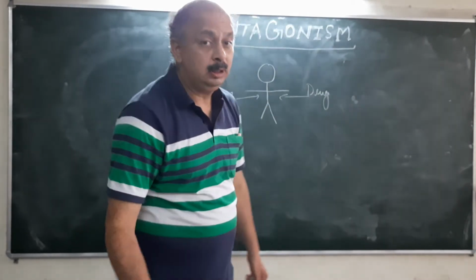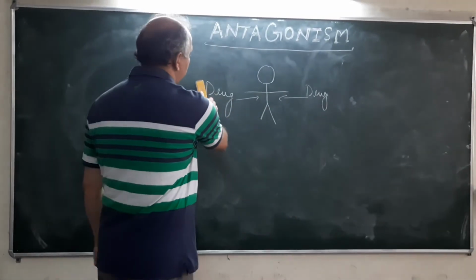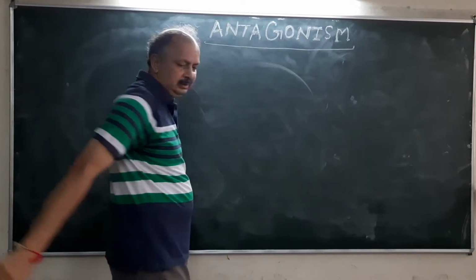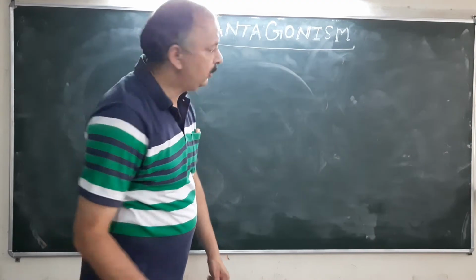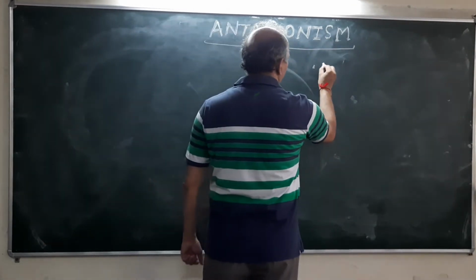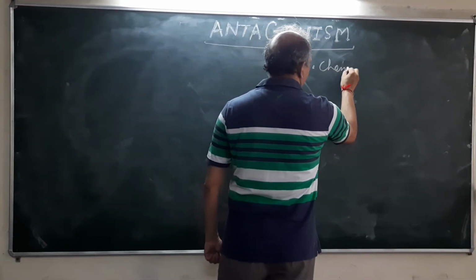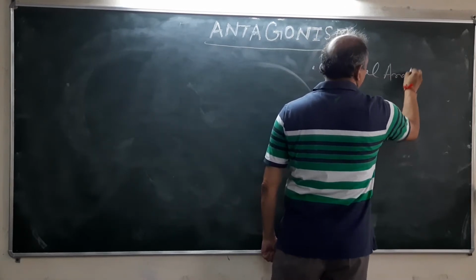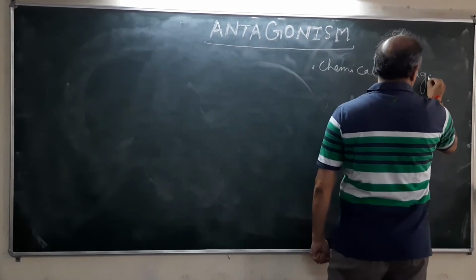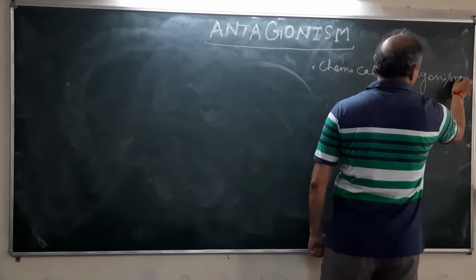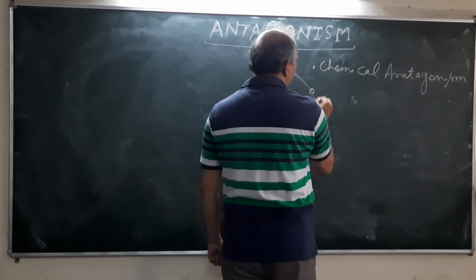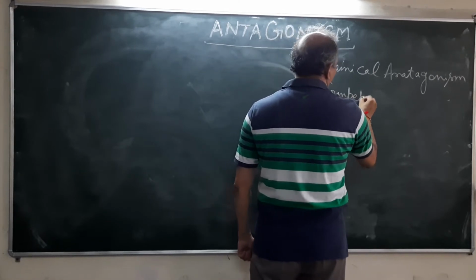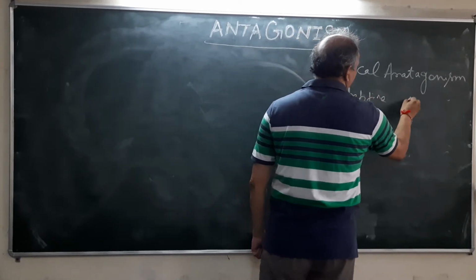And I told antagonism is of 4 different types. What are the types? The first one is chemical antagonism. The second one is competitive antagonism.